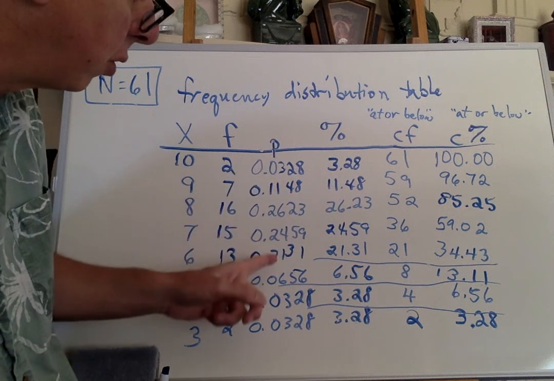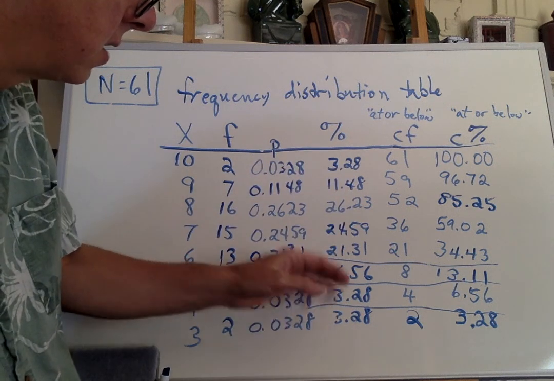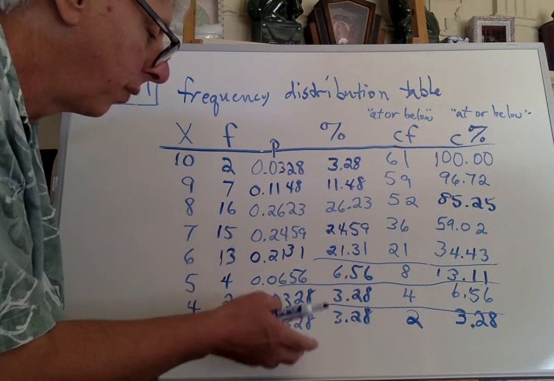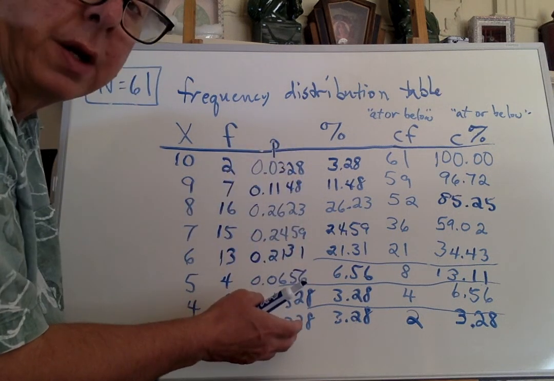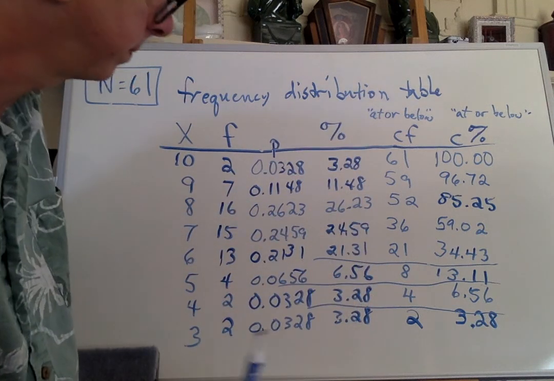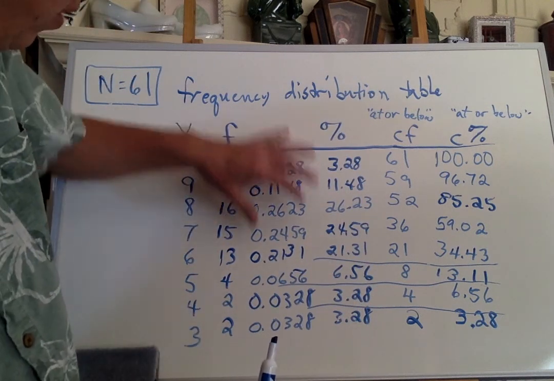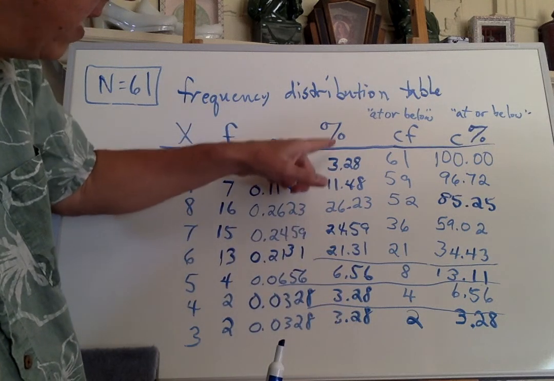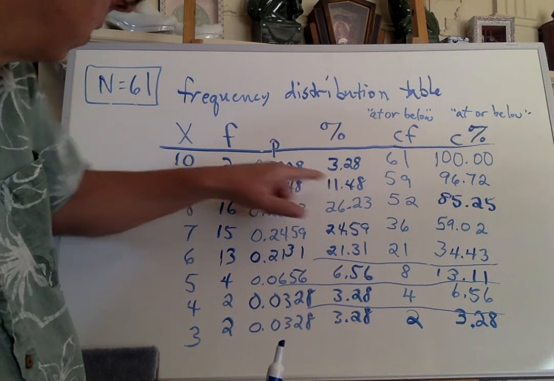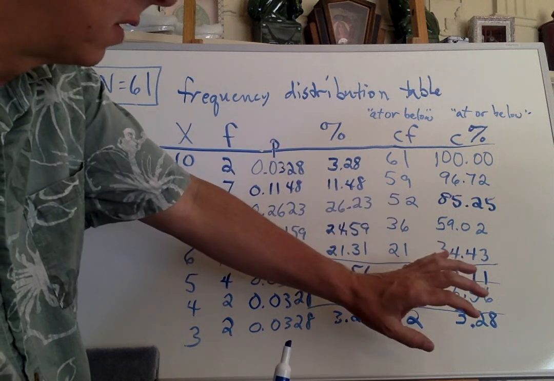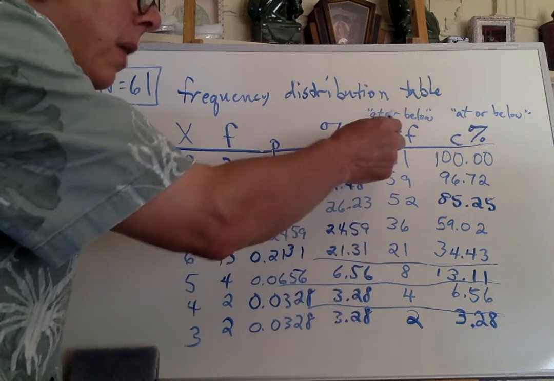These are the same numerals, it's just where the decimal point is. Out of 1, if we add all these up, it's going to be 1. If we add all these up, it's going to be 100. But we're not going to use this much. This tells us the percentage of the people that reported each of the scores, that is, at the scores. When we get to cumulative now, we're saying at or below.